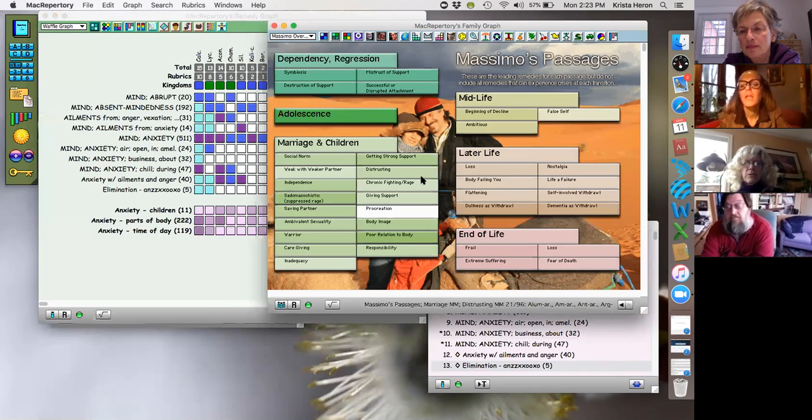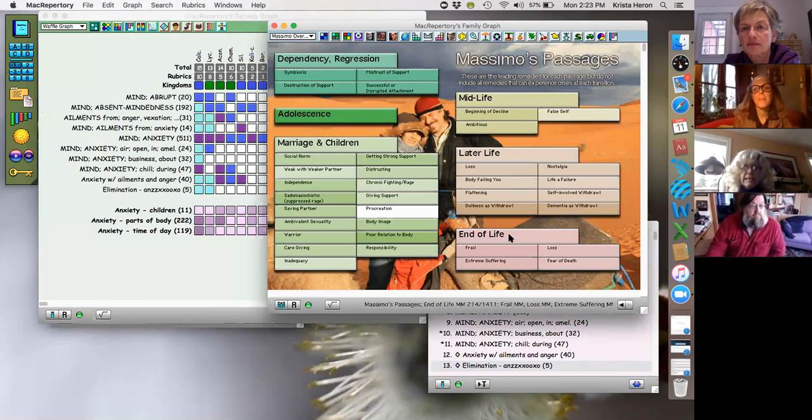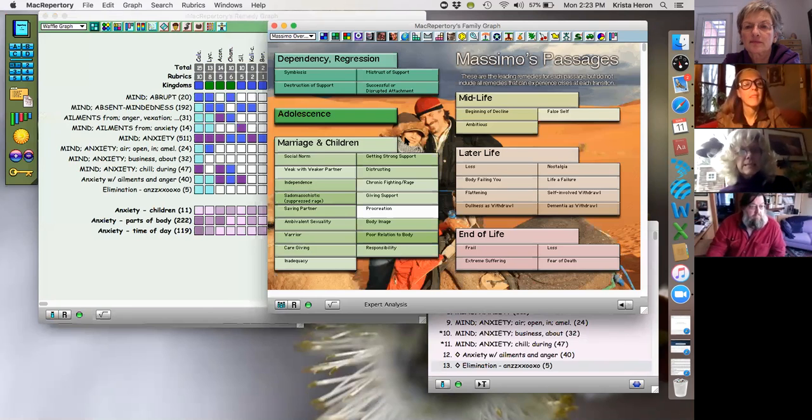Or maybe your patient is an end-of-life patient and they're really focused in how they're experiencing the world through that lens. This just allows you some different ways to look at it. It's of course not complete.